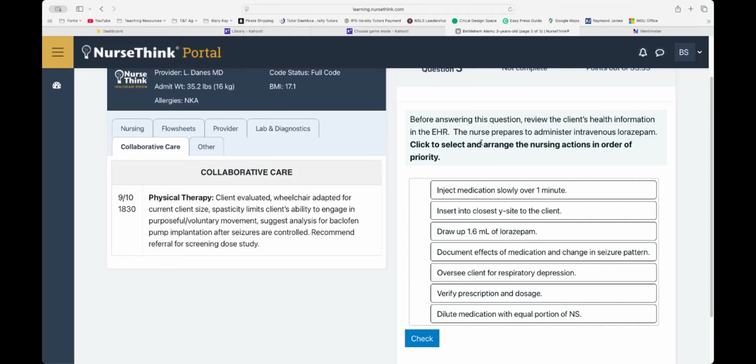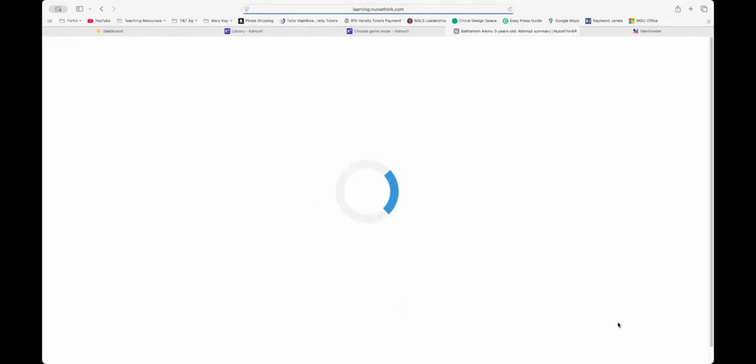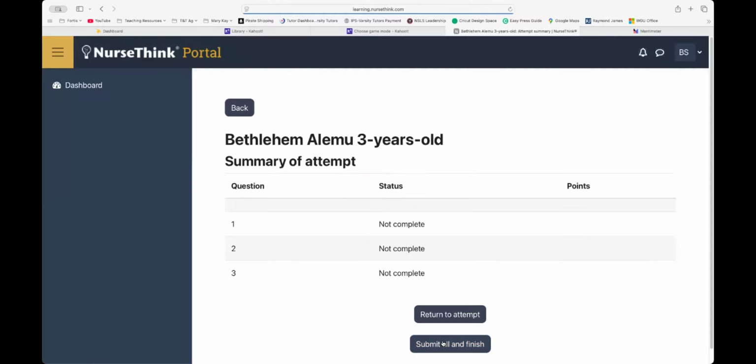Great job, guys. Before we go away, I want to show you how to submit your CJ Sim report. Once you've answered your questions and you've gone through the medical record and everything, go ahead and finish your attempt. Then submit all and finish. And yes, even though we didn't answer anything.